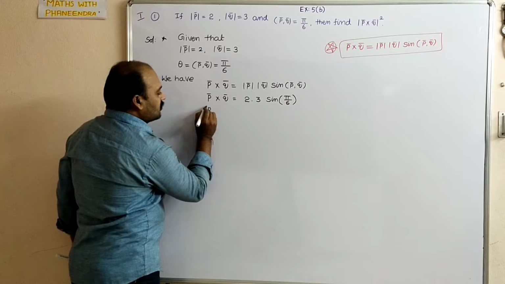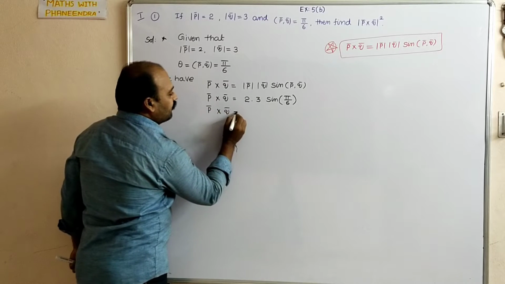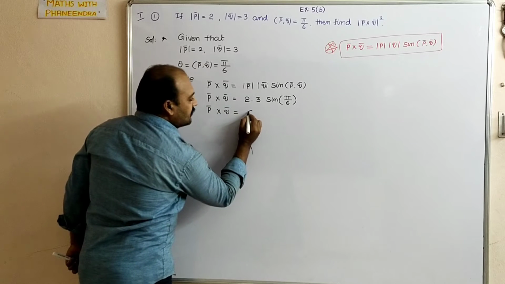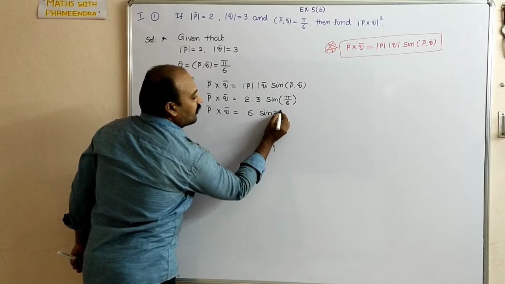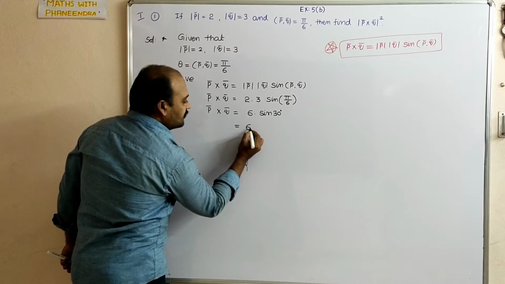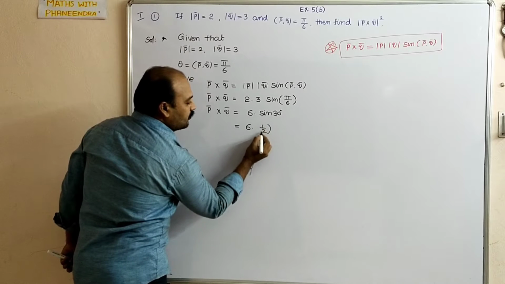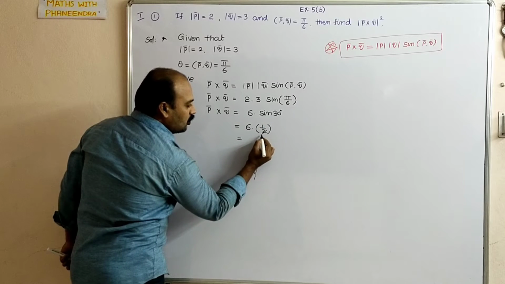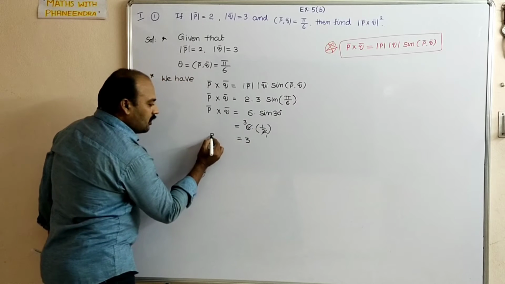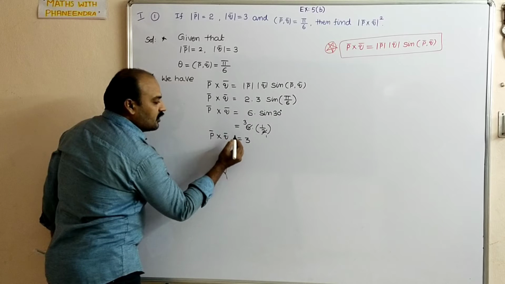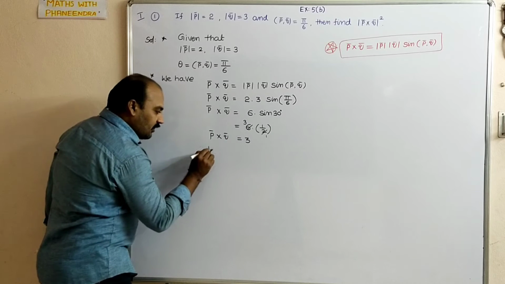So p bar cross q bar equal to 2 into 3 is 6 into sine 30, which is equal to 6 into 1 by 2. So 2 ones are 2, 3 twos are 6, so it is 3. So p bar cross q bar is equal to 3.